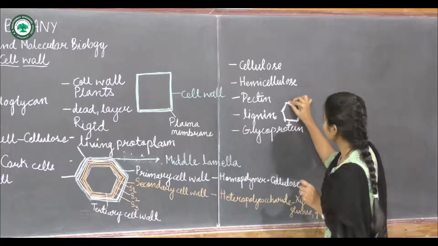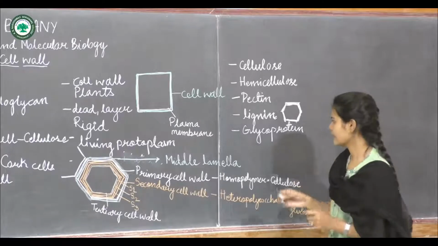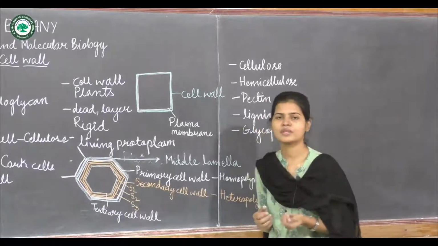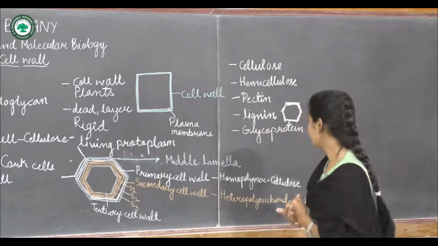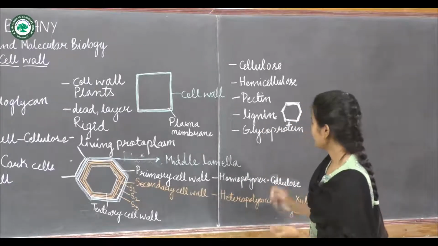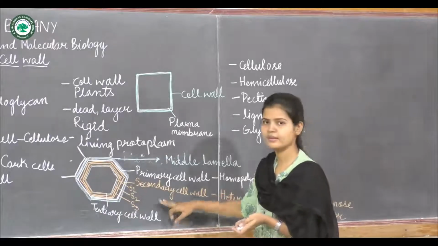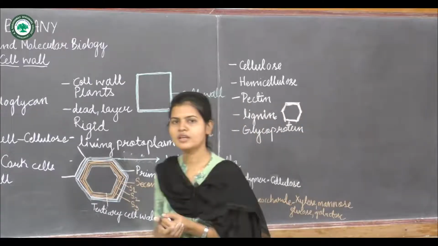So this is how lignin deposition takes place. And glycoproteins will perform different functions. They are present on the cell wall and they do the enzymatic functions. So this is about the structure and the chemical composition of a cell wall.